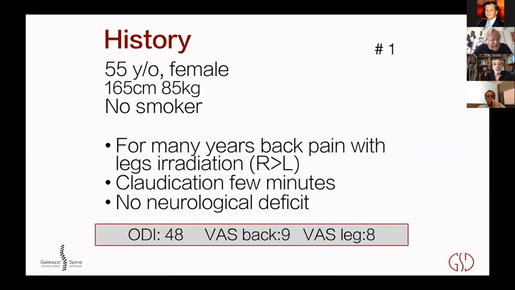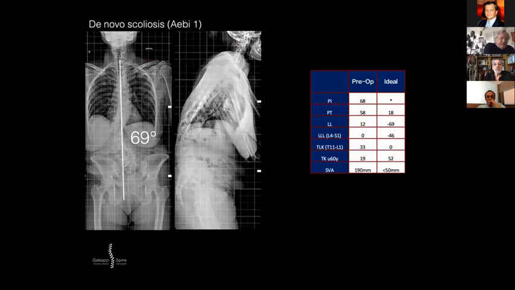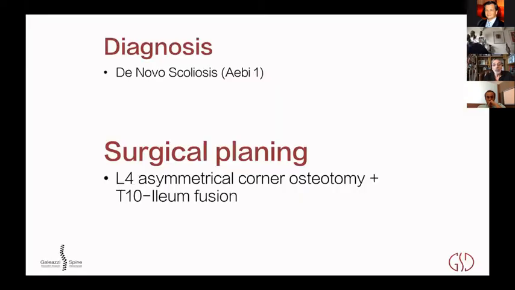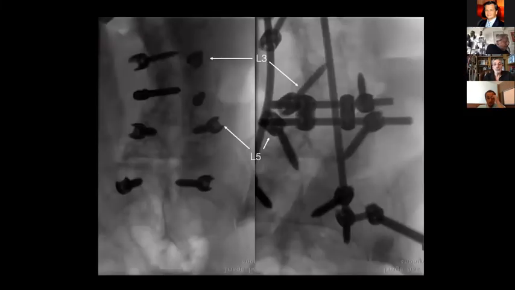Finally, one more example. This is once again a case of de novo scoliosis. Here you can see very well. We decided to perform an L4 asymmetrical corner osteotomy plus a T10 to ilium fusion. We discussed before, Richard focused at this point, how often we plan to perform 40 degrees of PSO.